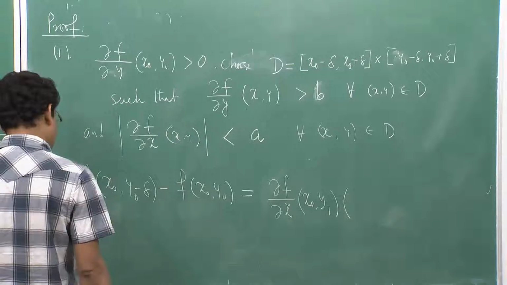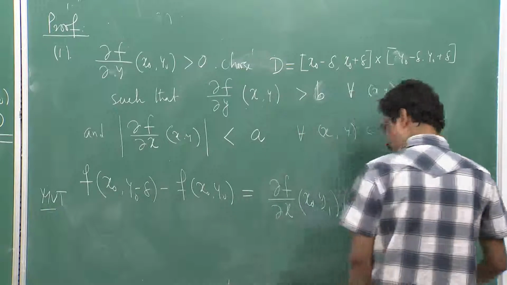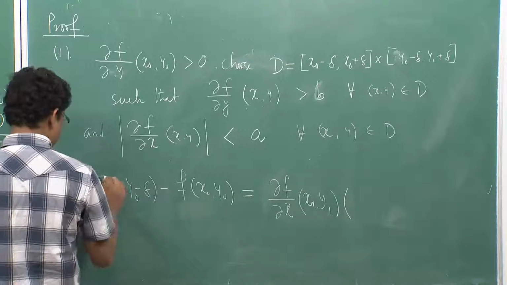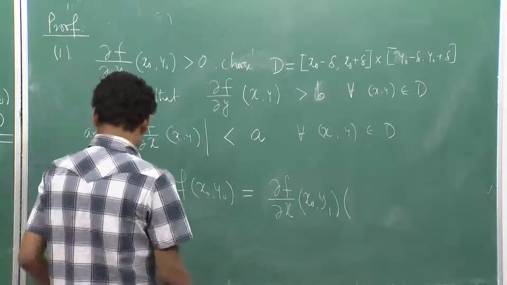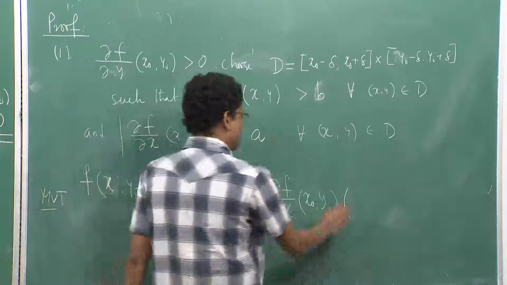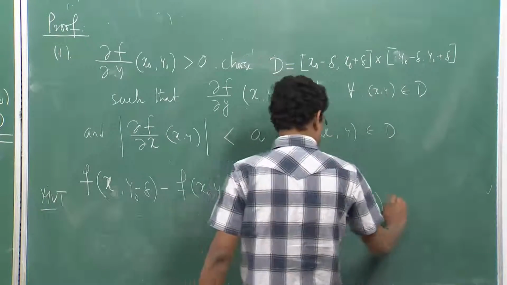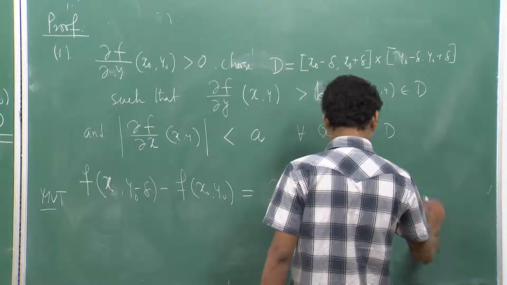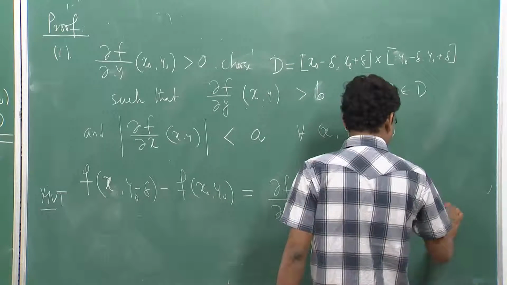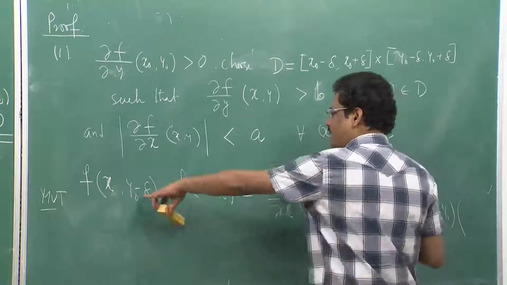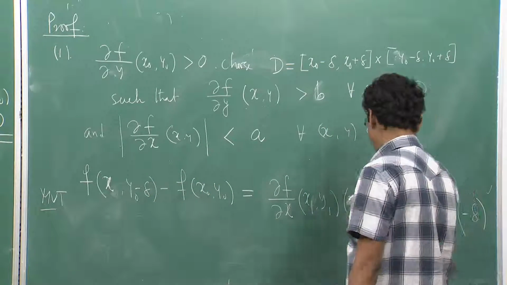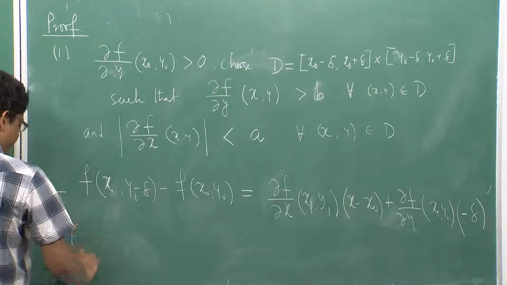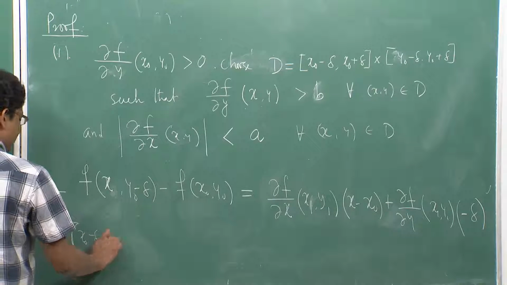Okay, I can apply MVT to any x. Not x0, so x − x0, plus ∂f/∂y at (x1, y1) into y0 − δ − y0, that is minus δ, for x in this interval (x0 − δ, x0 + δ).